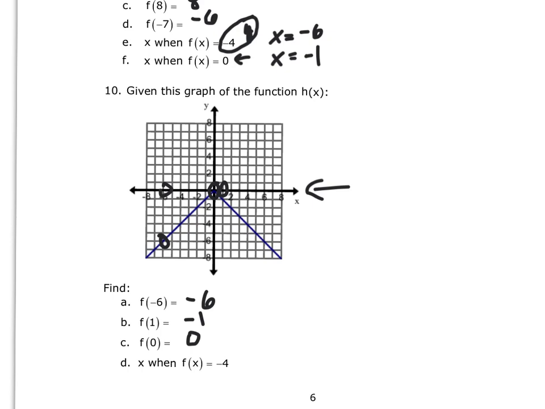Now here's where things are really kind of different. When I do the ones where I'm going to tell you the y value and you have to find the x value, the y value here is -4. A y of -4 is here. The question is, what is my value of x? Well, there's two of them. Because if I stay here where y is -4, I have a point here and I have a point here.